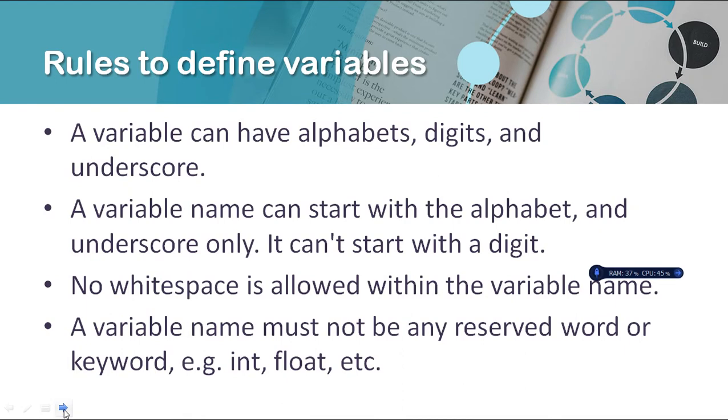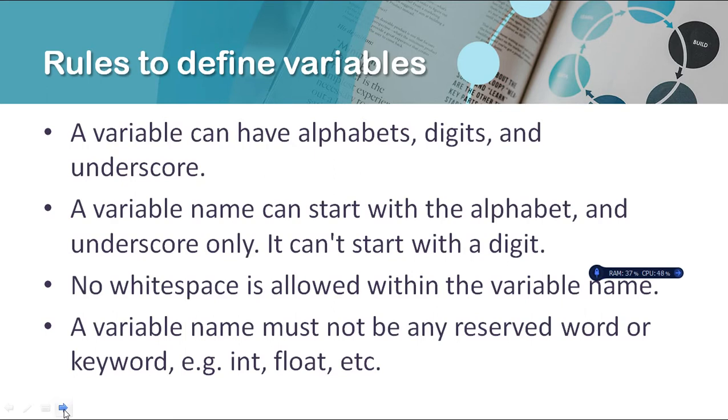So what rules can you follow to define a variable? A variable consists of alphabets, digits and underscore symbols. It may be a combination, like you can give your variable a name that is a combination of characters, digits and underscore. A variable name always starts with an alphabet.